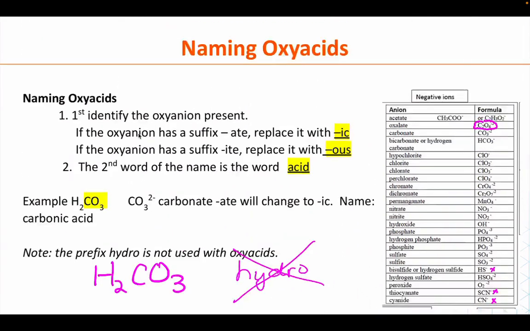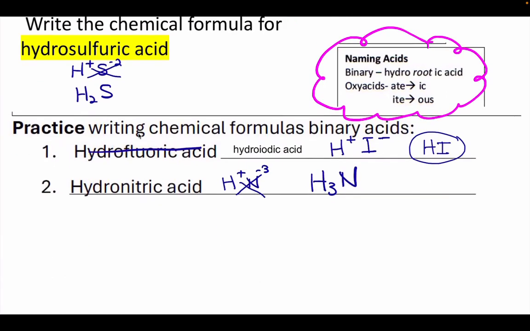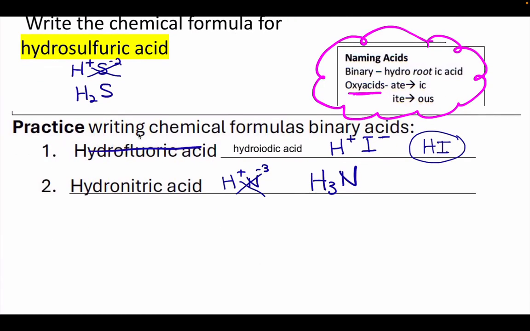So what we want to do is if we go back to our pink sheet, this naming helper, if we're looking at the polyatomic ion, if it ends in ate, then it becomes ic. If it ends in ite, the polyatomic ion, then the acid name ends in us.